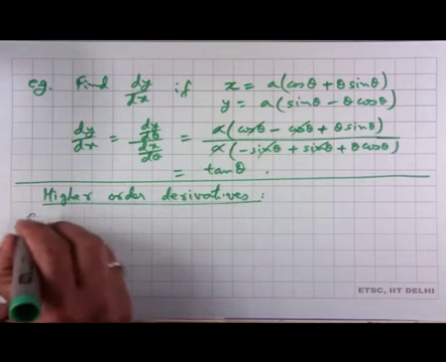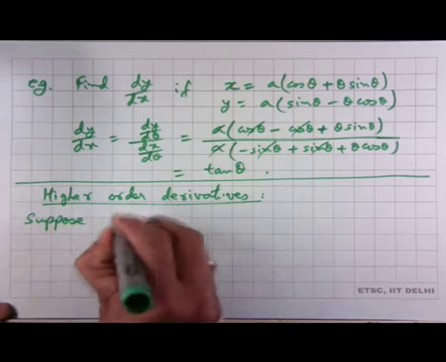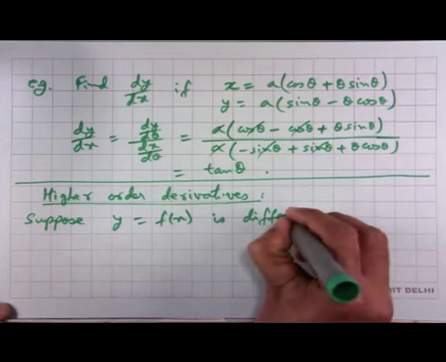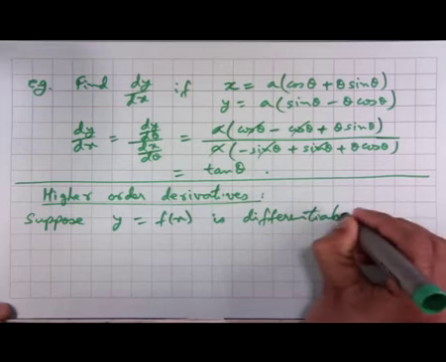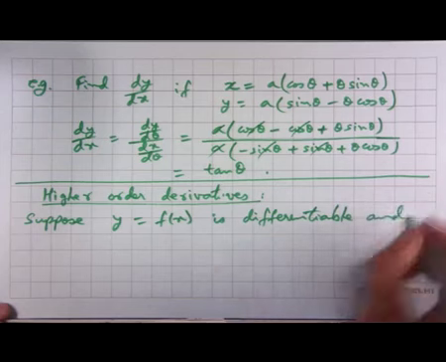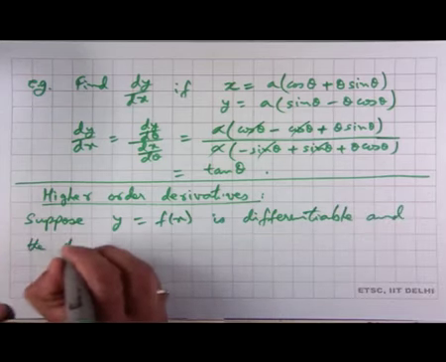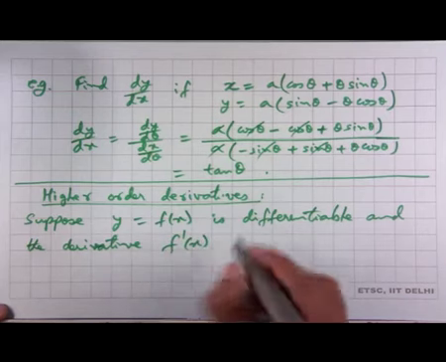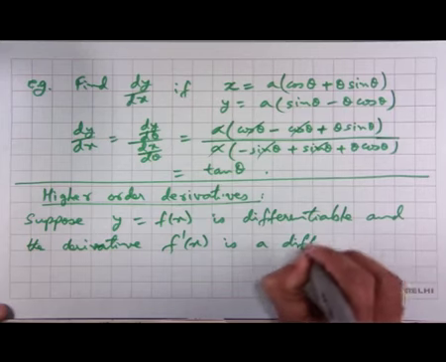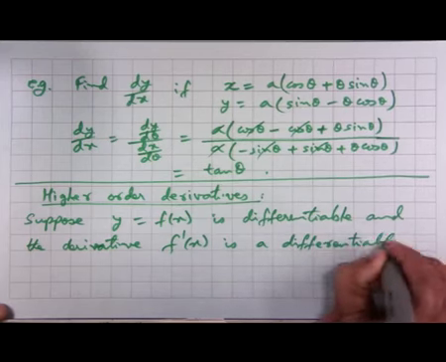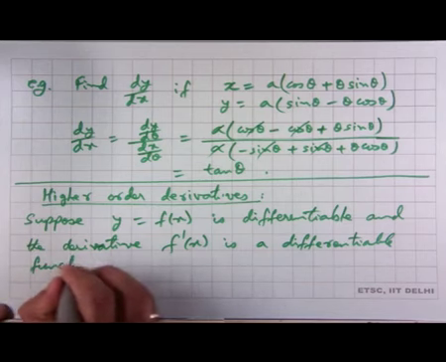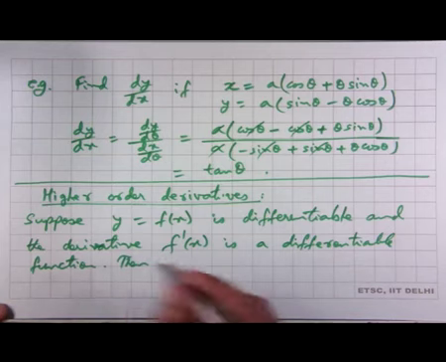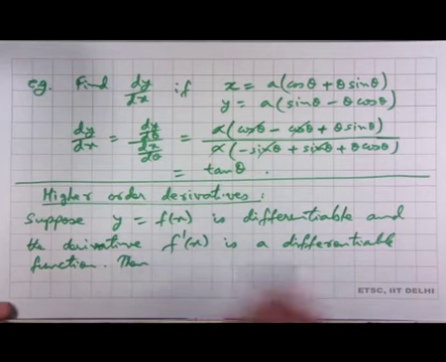So, suppose y is equal to f of x is differentiable and the derivative f prime of x is a differentiable function, then we can find the derivative of f prime of x.